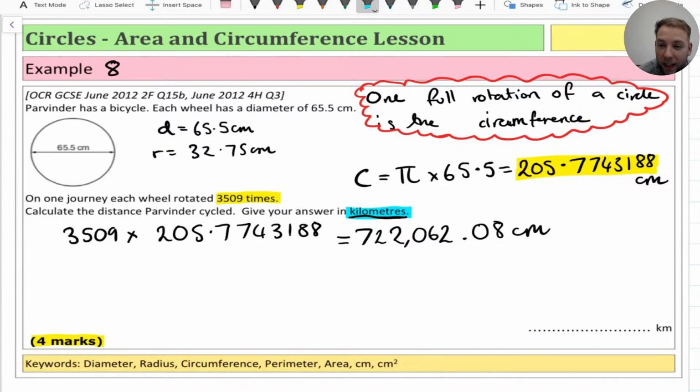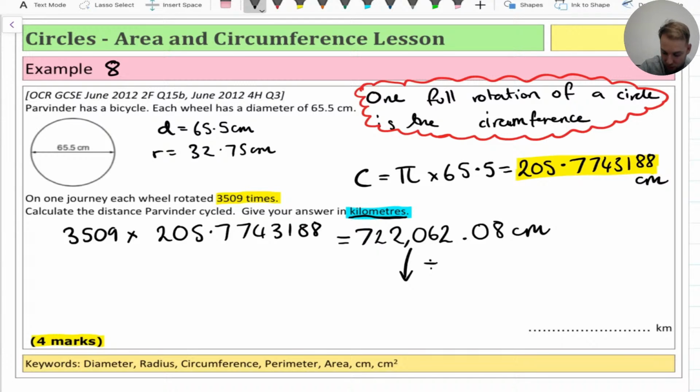So if I want to give it in kilometers, I need to first of all convert that into meters, and then convert from meters into kilometers. Now we have done this, haven't we? We've done the conversions. If I want to convert from centimeters into meters, I need to divide by, well, how many centimeters in a meter?